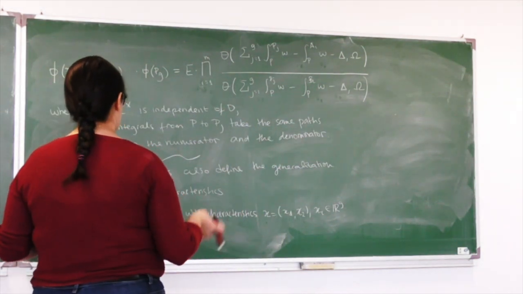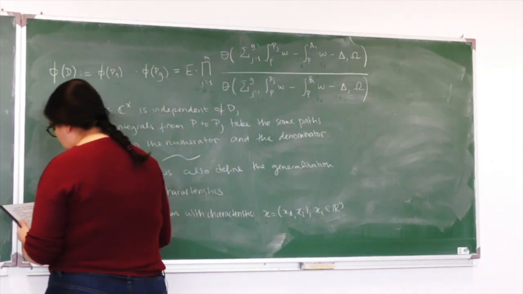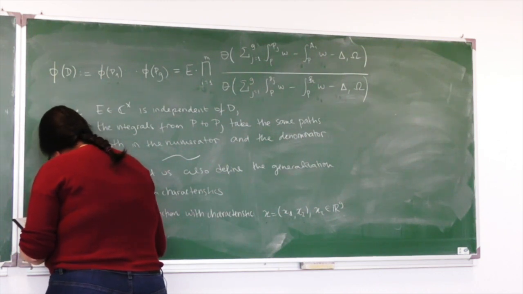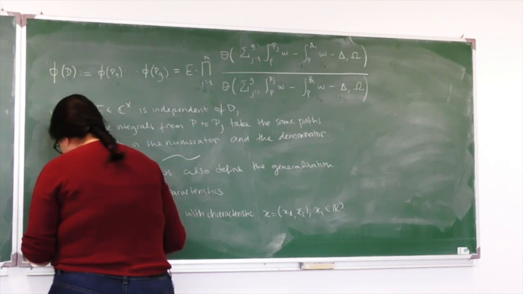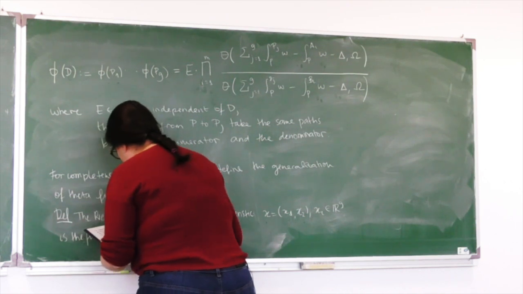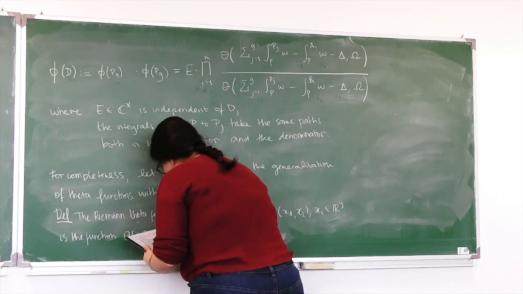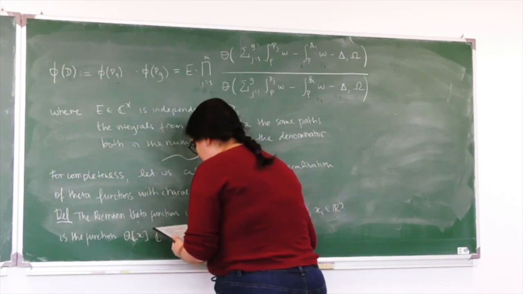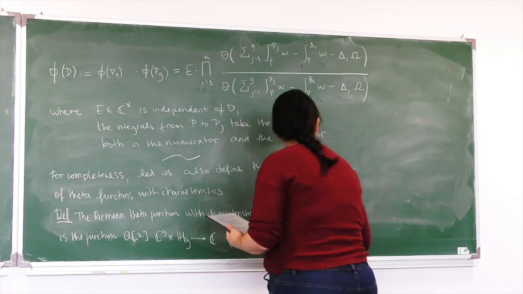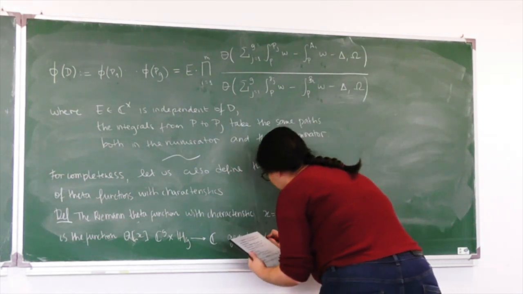So the Riemann theta function with characteristic x is the function theta of x, which has the same domain and codomain as the original one, given by, well, I could write it here.